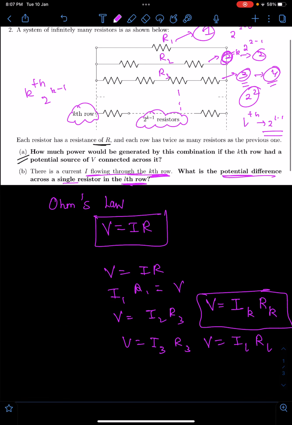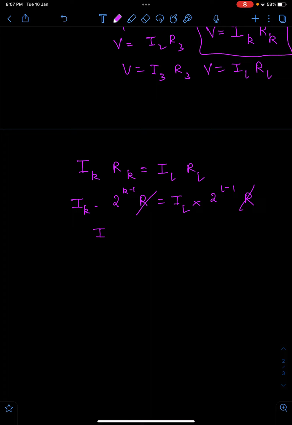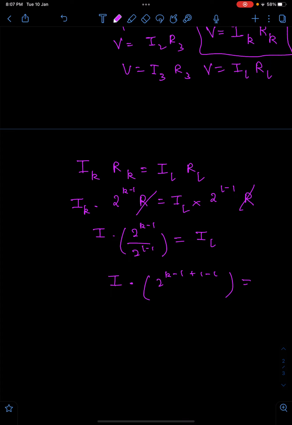The current in the kth row is given to be I. So I into 2 to the power k minus 1 over 2 to the power l minus 1 is Il. Now I can write 2 to the power k minus 1 plus 1 minus l is equal to Il. So this plus 1 and minus 1 get cancelled. So I into 2 to the power k minus l is Il.